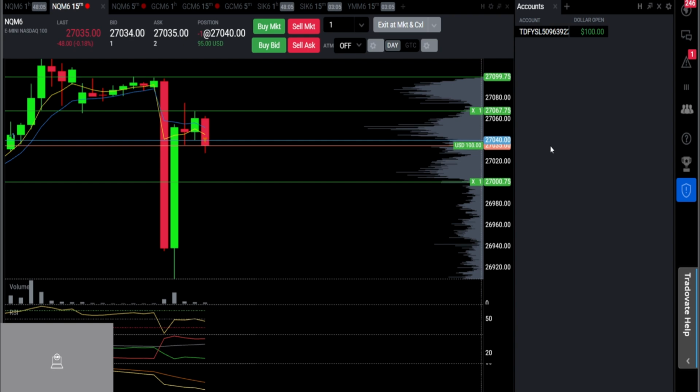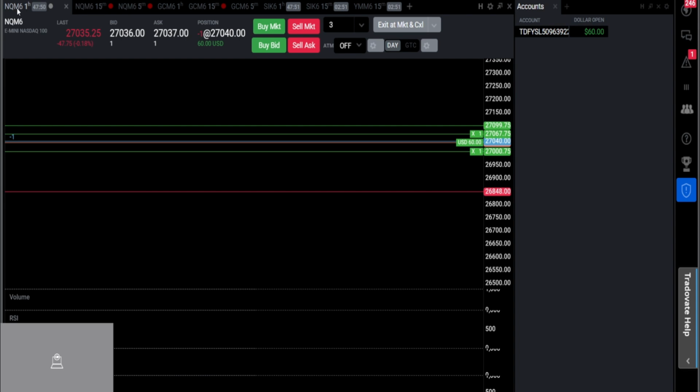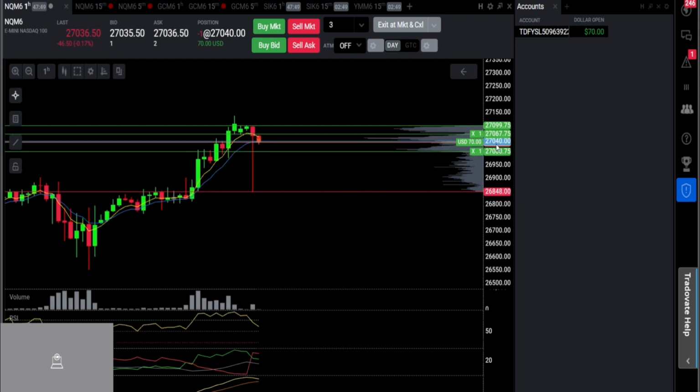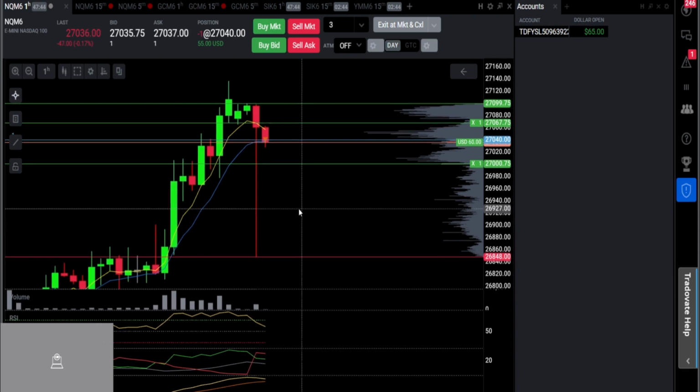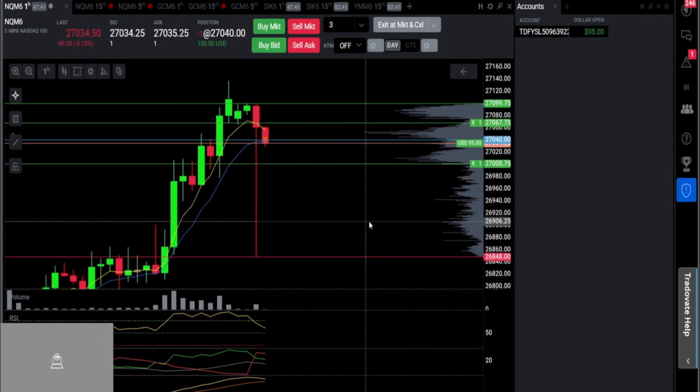So you want to stay in it long enough for the trade to actually work and reach your TP1 or possibly TP2. Well, for this one, I only had one contract, so I couldn't wait for TP2. Or maybe I could have, who knows? But I definitely had to wait it out.